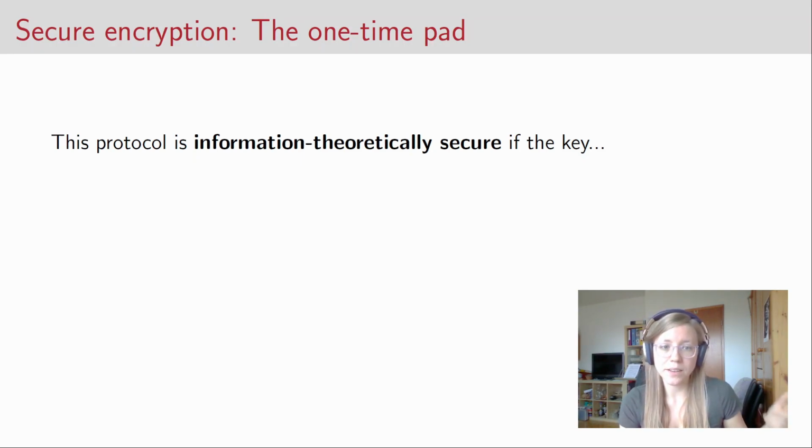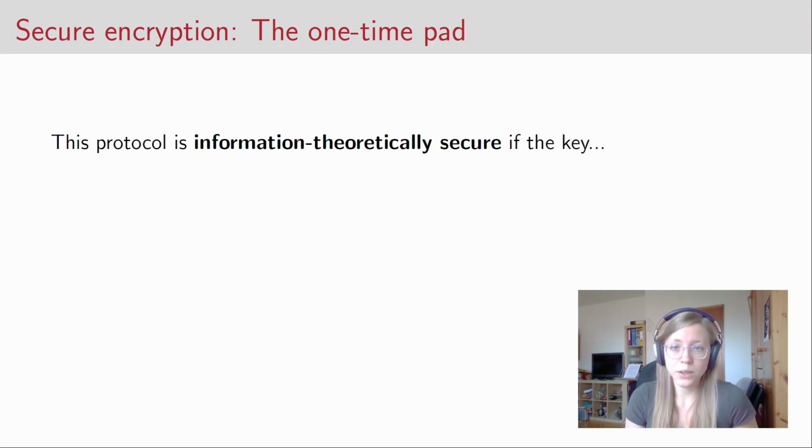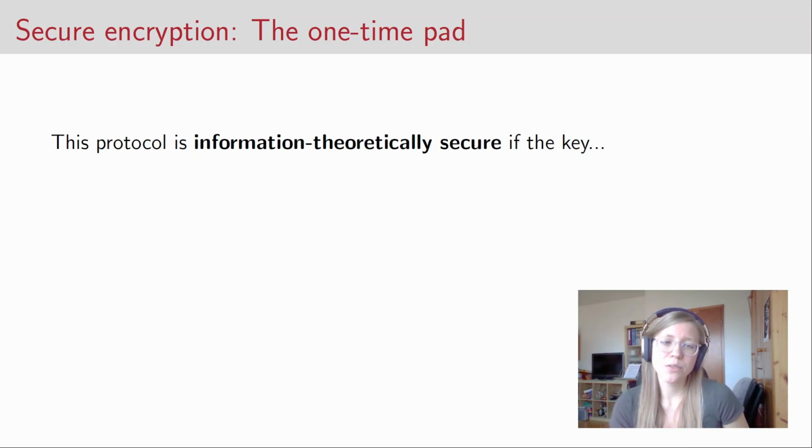As you've seen in the protocol, the ciphertext was sent through a public channel, but when the scheme is information theoretically secure, then reading the ciphertext doesn't give an adversary any information on the message. Okay, so this protocol is information theoretically secure, that was proven, but the drawback is the key has to fulfill several things. Let's look at that in more detail.